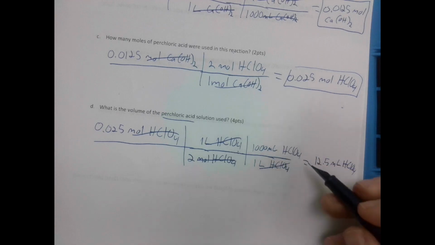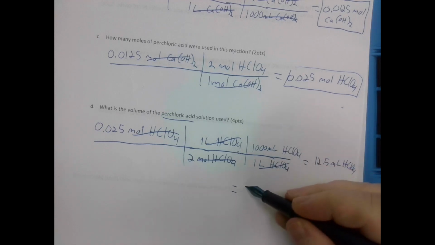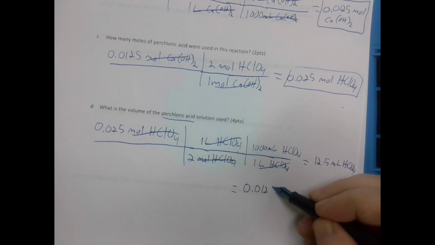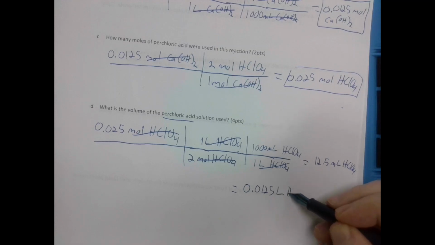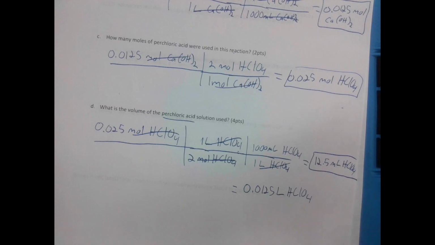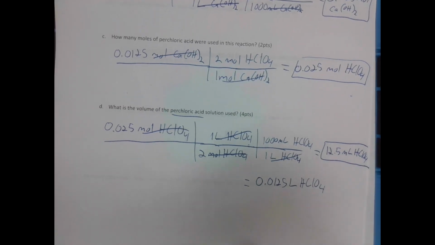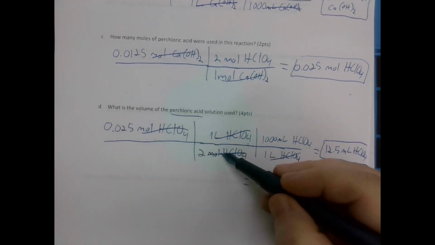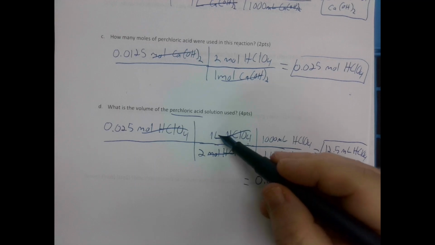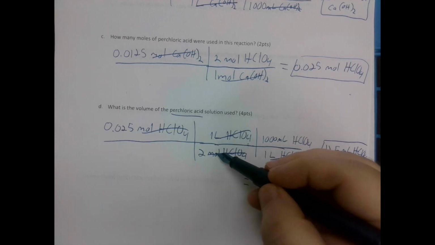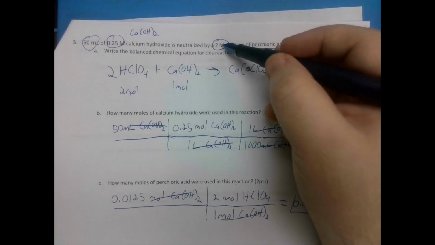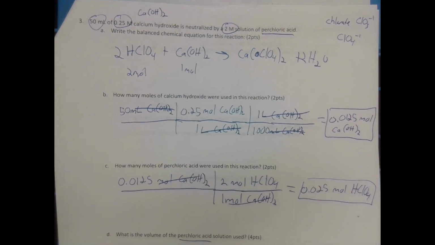If you didn't do this last step, you would have gotten 0.0125 liters, and that's acceptable also, but this number is better. So again, I start with what I know and add a conversion factor that will get me into volume. Volume is liters. I went from moles to liters. That's the conversion factor given right there.